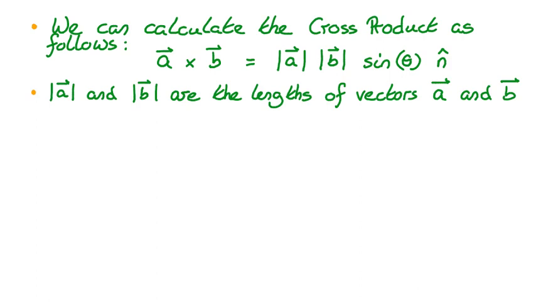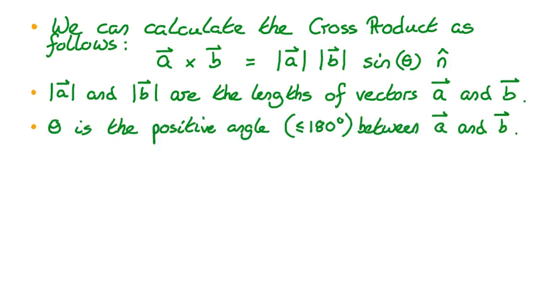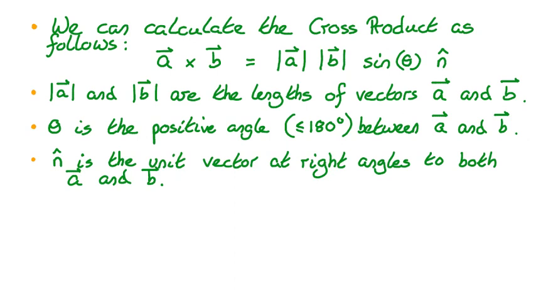We know that the magnitudes of vector A and vector B are the lengths of these vectors. Theta is the positive angle less than or equal to 180 degrees between vector A and vector B. N hat is the unit vector at right angles to both vector A and vector B.